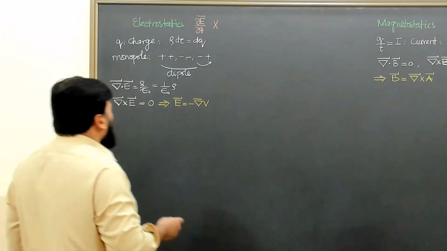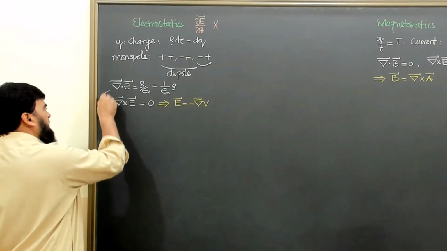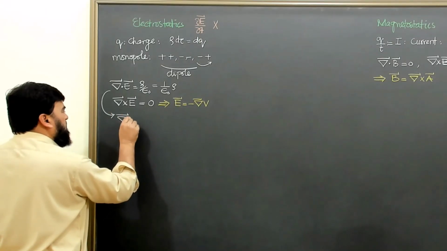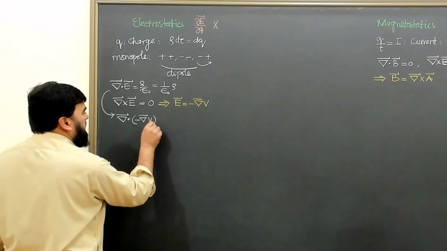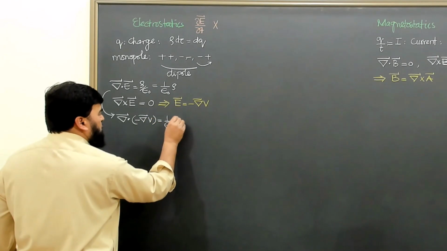Now look here, when E is minus del V, then Gauss's law becomes: the divergence of E, and for E I write minus del V, equals 1 over epsilon naught times rho.